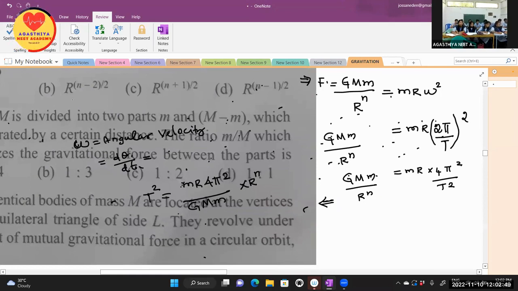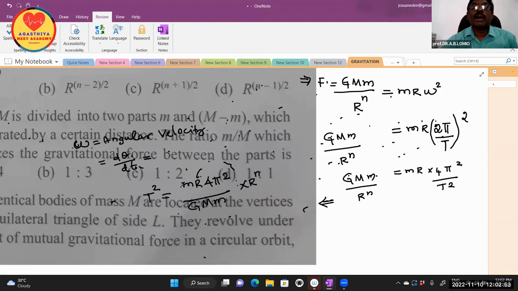See this expression. Except r, all others are constant. Therefore, T squared is directly proportional to r times r power n, that is r power n plus 1. Here the power of r is 1.